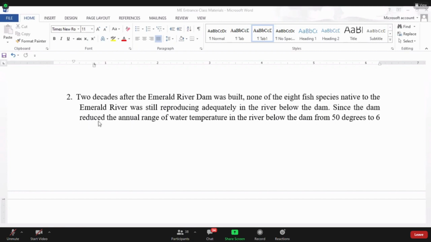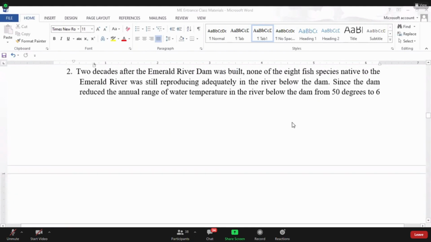Since the dam reduced the annual range of water temperature in the river below the dam from 50 degrees to 6 degrees. Previously, before the dam was built, the range of water temperature was 50 degrees.